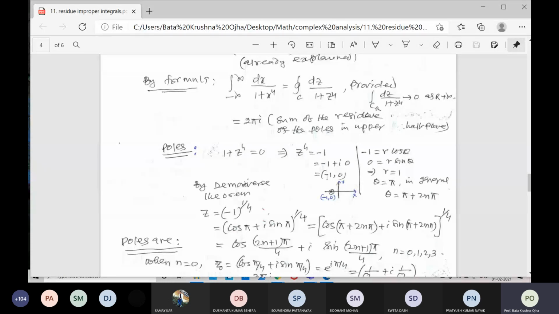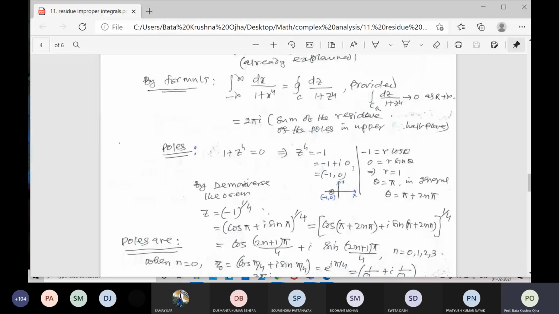So you have to express this point in polar form, or in the Argand plane. Minus 1 is equal to r cos theta, and 0 is equal to r sin theta. So what will be r? You know r squared cos squared theta plus r squared sin squared theta is equal to 1, so r squared is 1, and r is equal to 1.